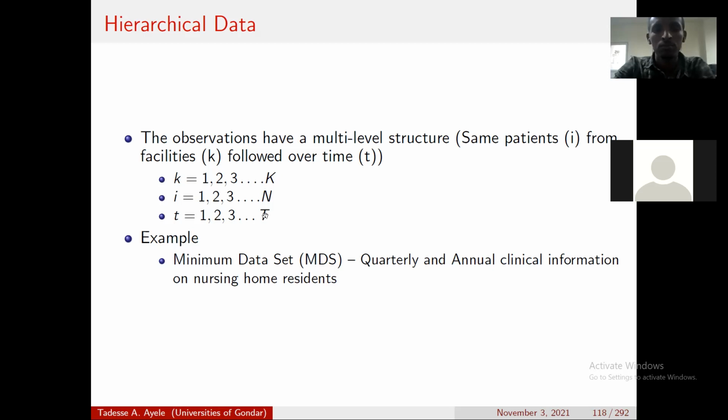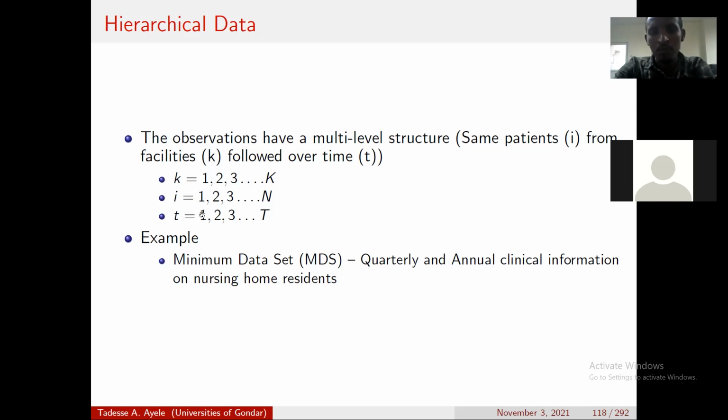So it goes like this up to capital T. So if you follow the patient and you took 10 measurements, the capital T will be 10. If you took 5 measurements, then capital T will be 5, the time at which the fifth measurement was taken.